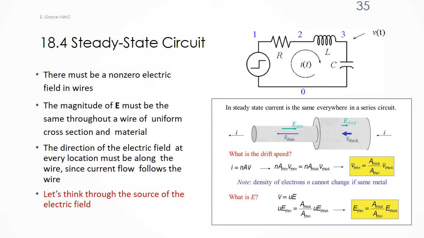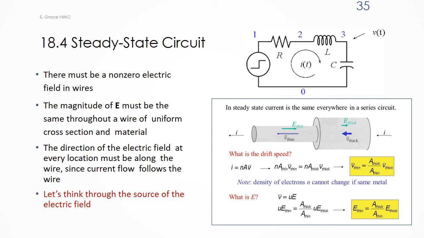All right, so we need to start thinking about the steady state circuit. We know that there must be a non-zero electric field in the wires, otherwise charges wouldn't move. And we know the magnitude of E must be the same throughout a wire of uniform cross-section and material. The direction of the electric field at every location must be along the wire because current follows the wire.